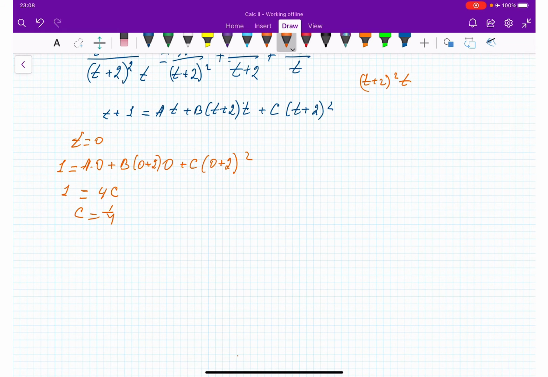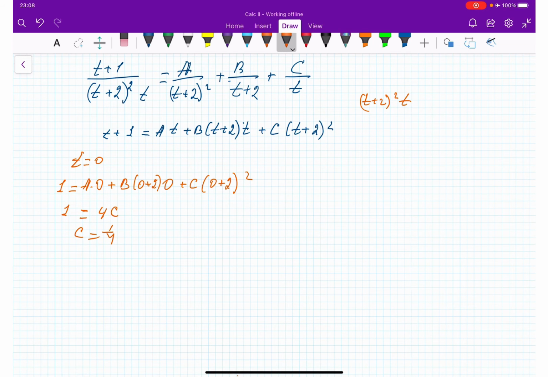Next one. Let's see what value I can take for t, because I need to find a. The best way to get rid of b and c is t equal to -2, right? And that's exactly what I will do. T is equal to -2. On the left side, I will have -2 plus 1.